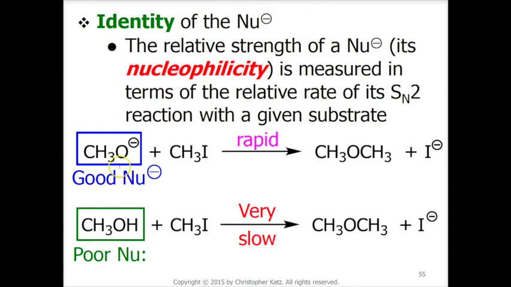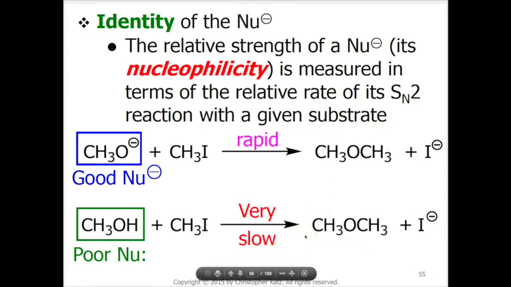There's no impetus. This CH3O- has the impetus, the drive, the energy to slam into the backside of this carbon in the methyl iodide to give you your ether. This methanol here is pretty happy. It's neutral already. It doesn't require a lot of stabilization from anything else. So it'll be like, yeah, I'll crush into the backside of this methyl iodide, but only to give me a change of pace, to change some scenery.